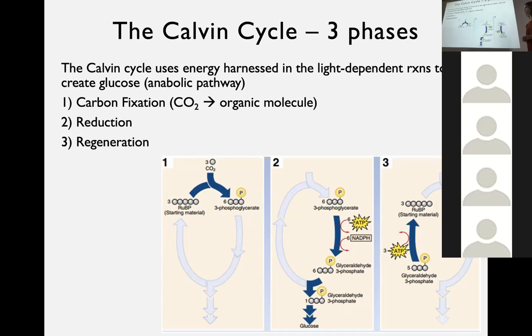So that's the carbon fixation part, taking CO2 and making glucose out of it, an organic molecule. Then you have 2 stages called reduction and regeneration. And I have the next 3 slides, I'll talk about each of these stages in a little bit more detail, kind of show you what's happening and what's produced.